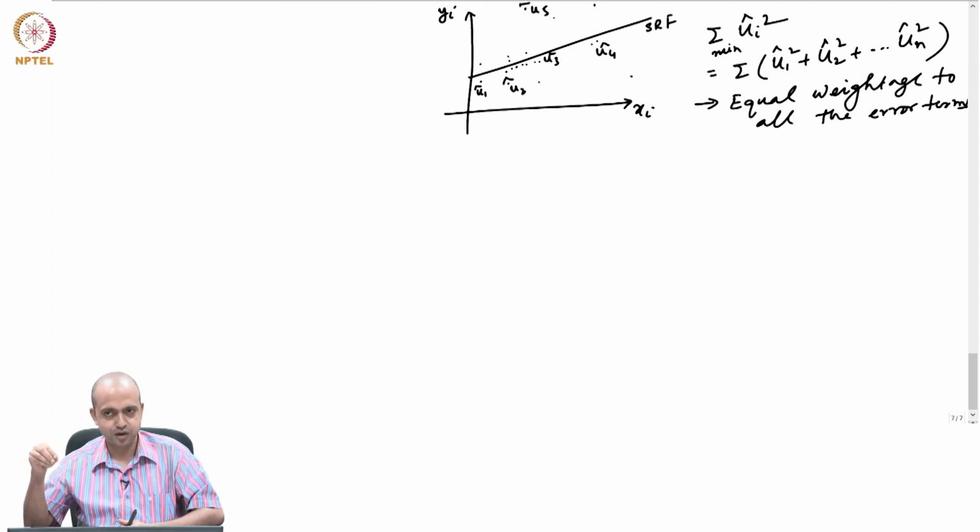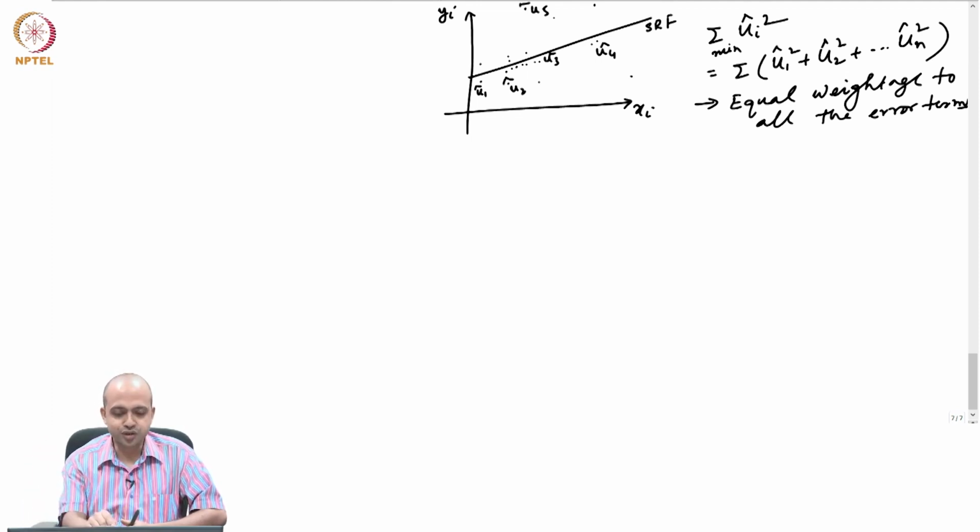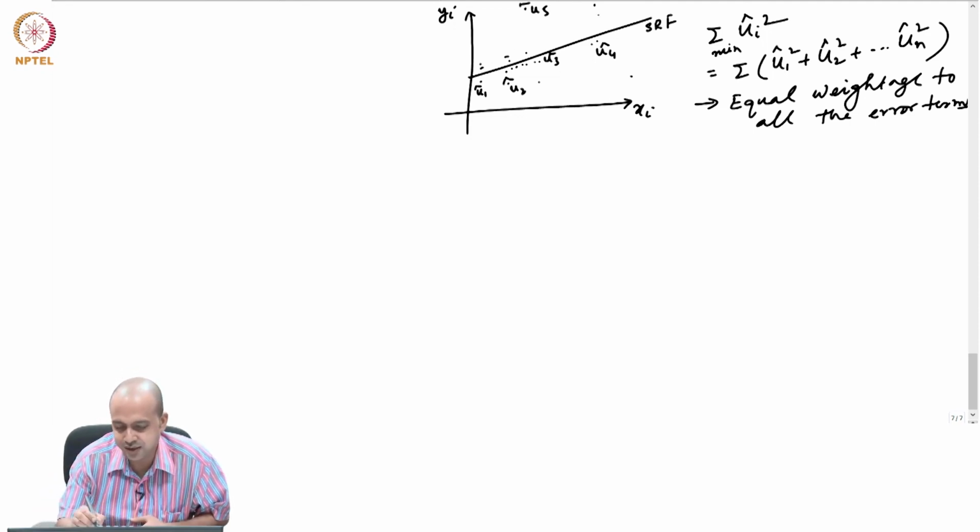weightage, while we should give more importance to the points which are closer to the line and less to the error terms which are far away from the line, because those points contributed very little in the construction of the line. This line is nothing but the average representation of the scatter plot.